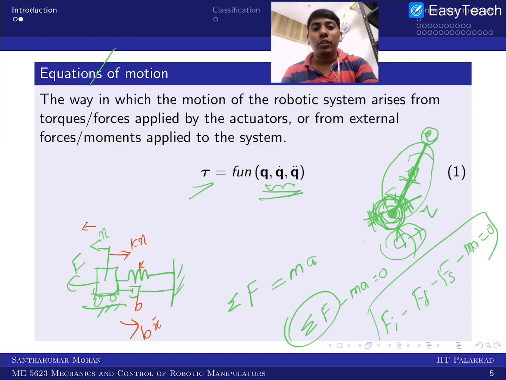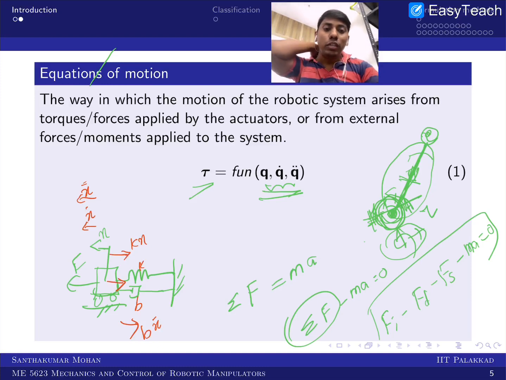So x dot and x double dot are also generated. What would be the inertial effect? The inertial effect is opposite to the acceleration, mass into acceleration, m x double dot.